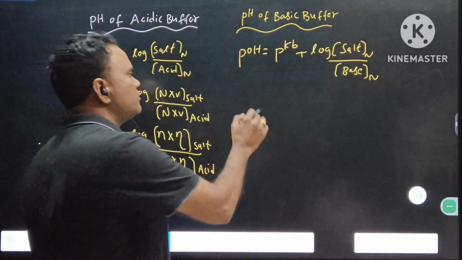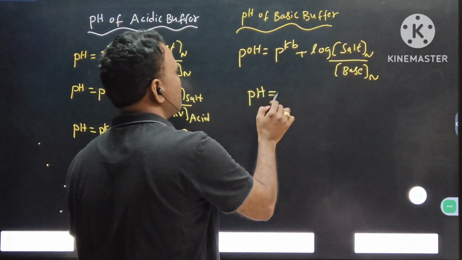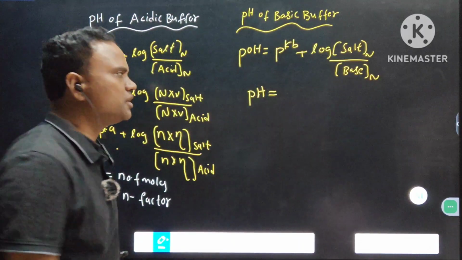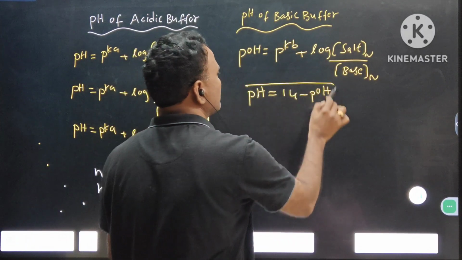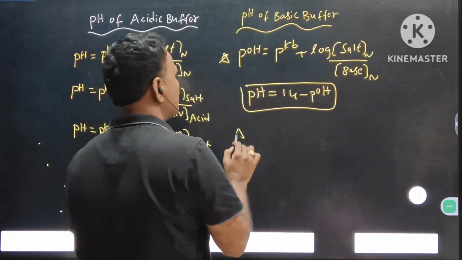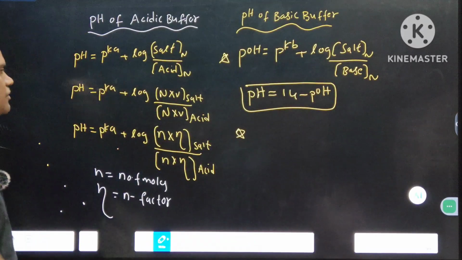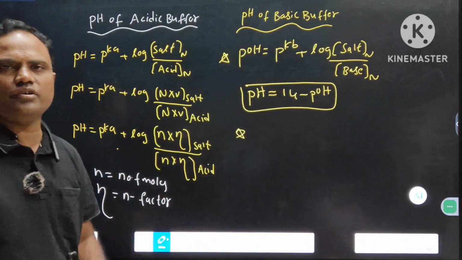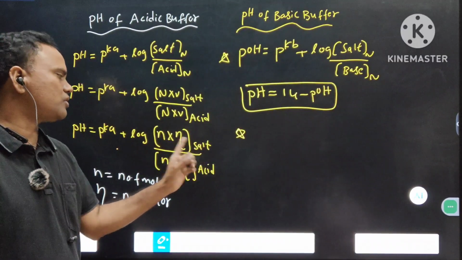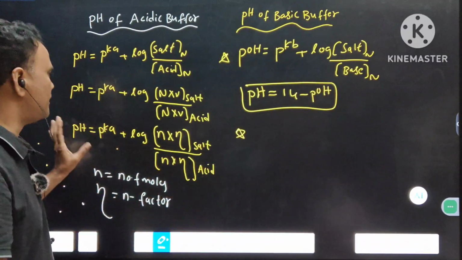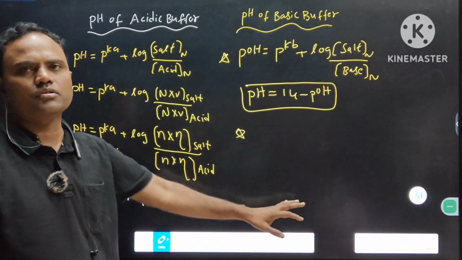By using that relation you can find it. First you will get pOH when we use this formula, then pH is equal to 14 minus pOH. And the remaining formulas are the same. N into V of salt by N into V of base. N into n factor of salt by N into n factor of base. Same as it is. Copy paste.